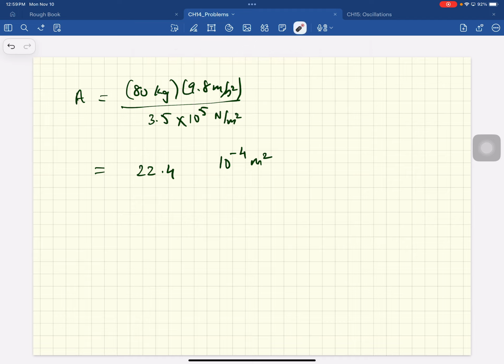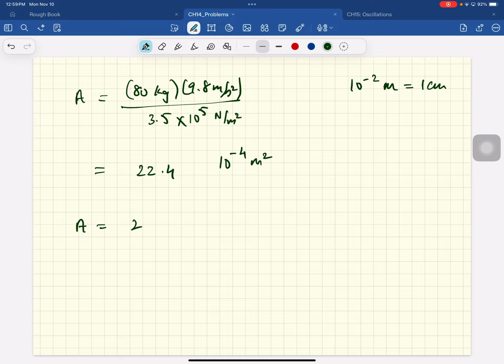And 10 to the minus 2 meters is 1 centimeter, so this is centimeters squared. So the area is 22.4 centimeters squared. If you take the square root of 22.4, that's 4.73 centimeters. So the area of contact is 2 inches by 2 inches, about that much, total area of contact.